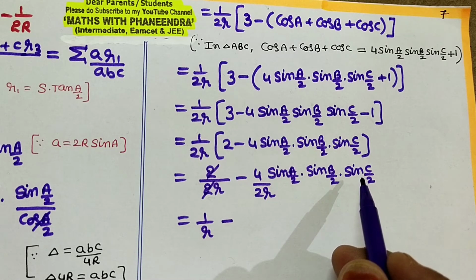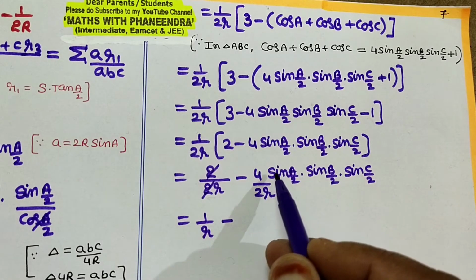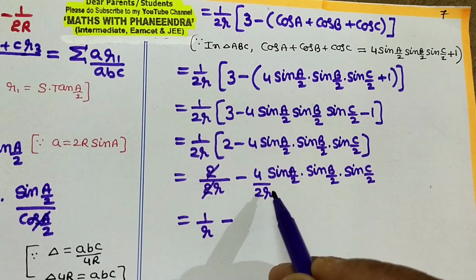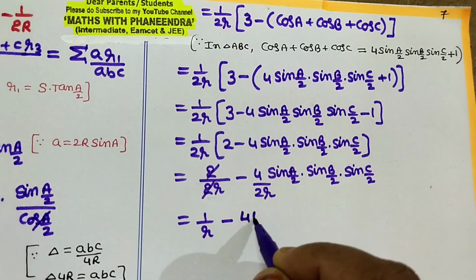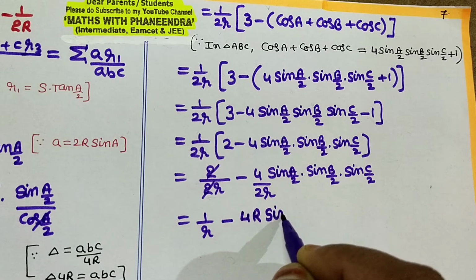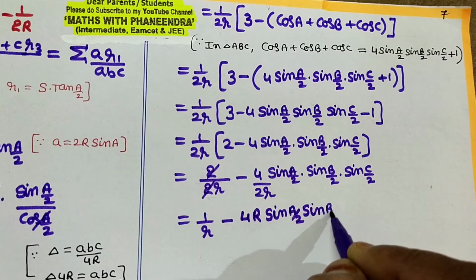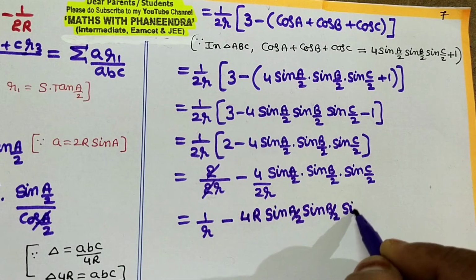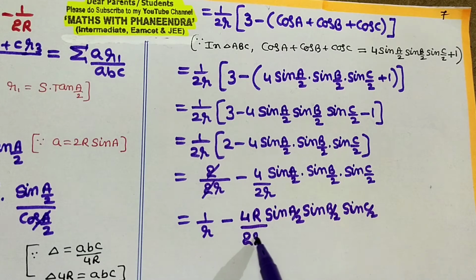If you multiply and divide by capital R for this term, we get 4 into capital R sin A by 2, sin B by 2, sin C by 2 divided by 2 into small r into capital R.